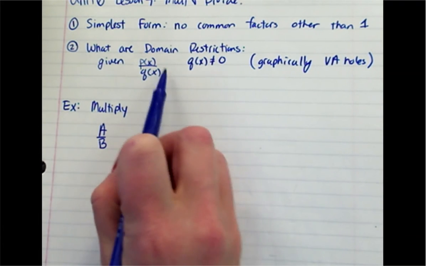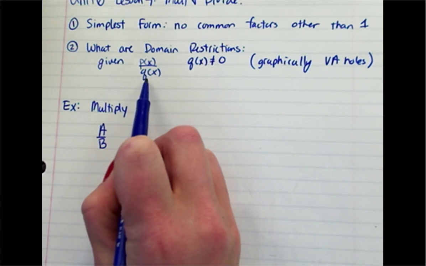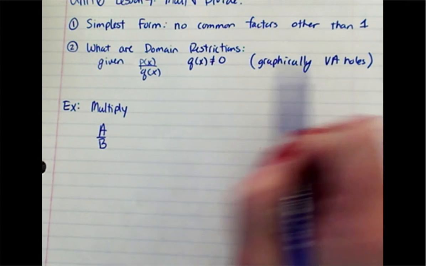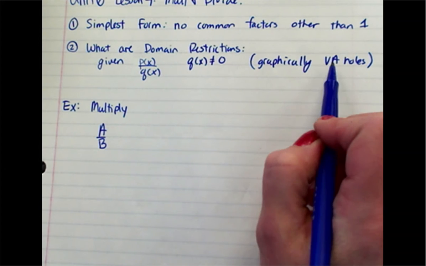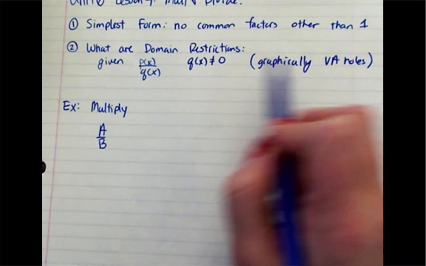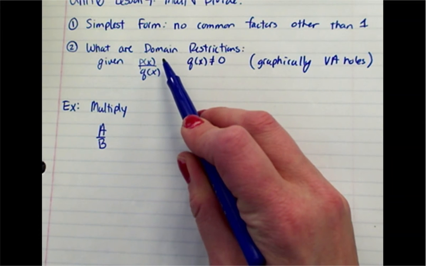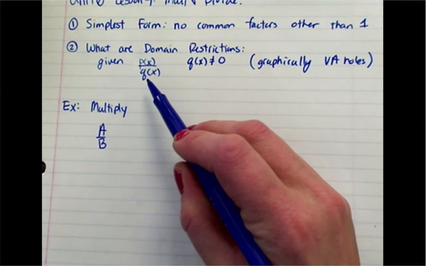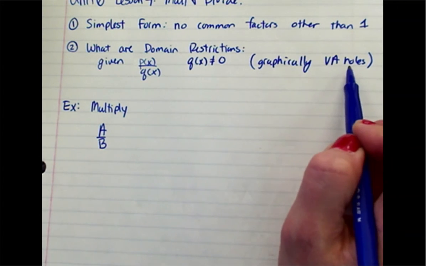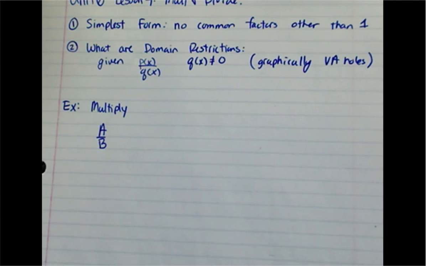What happens when the denominator is 0? You get a vertical asymptote. Factors of the denominator give you a vertical asymptote. Factors of the denominator that happen to cross out with the numerator, those are still zeros of the denominator, are holes. So if you're thinking of this visually, that's what they would be on the graph.